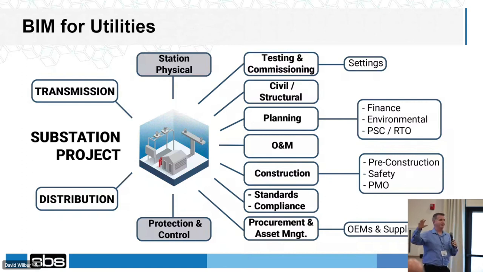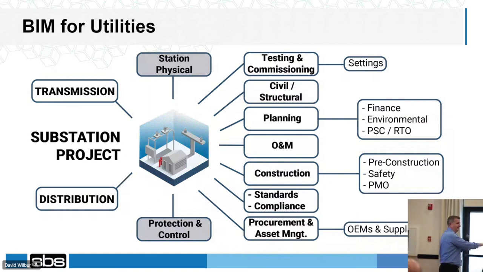To be able to go from generation substations to subtransmission to transmission substation to distribution, to be able to do that all in one platform, in one tool, in addition to the P&C stuff, it really makes you think, right?